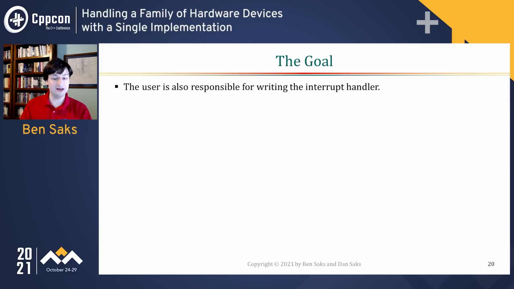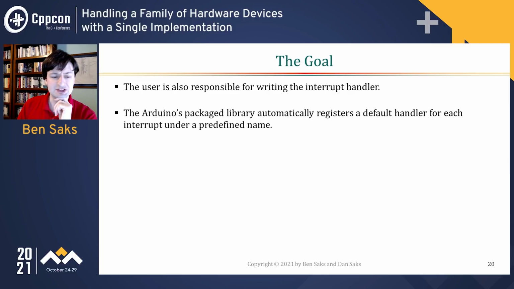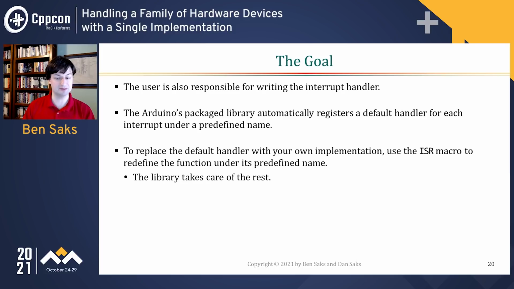So in addition to creating the timer objects, the user is going to be responsible for writing the interrupt handlers. So the Arduino makes this fairly simple. It has a packaged library that's automatically registering a default handler for each interrupt. And it's chosen a predefined name for every one of those interrupts.